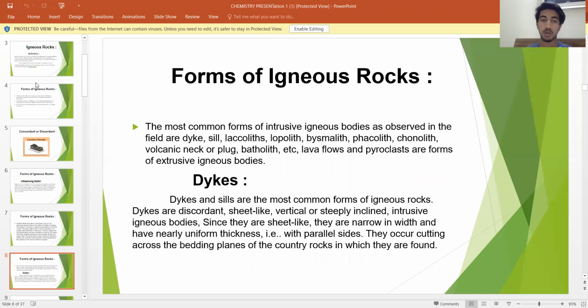We will discuss dikes. A dike is also called a geological dike. In geology, it is a tabular or sheet-like igneous body that is often oriented vertically or steeply inclined to the bedding of pre-existing intruded rocks. Similar bodies originating parallel to the bedding of the enclosing rocks are called sills.